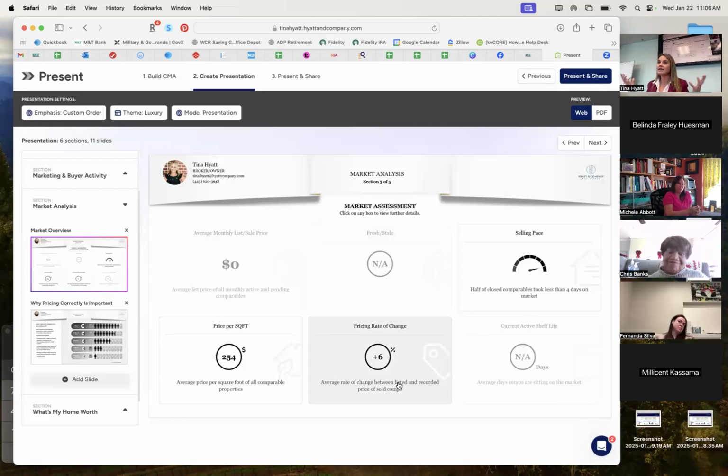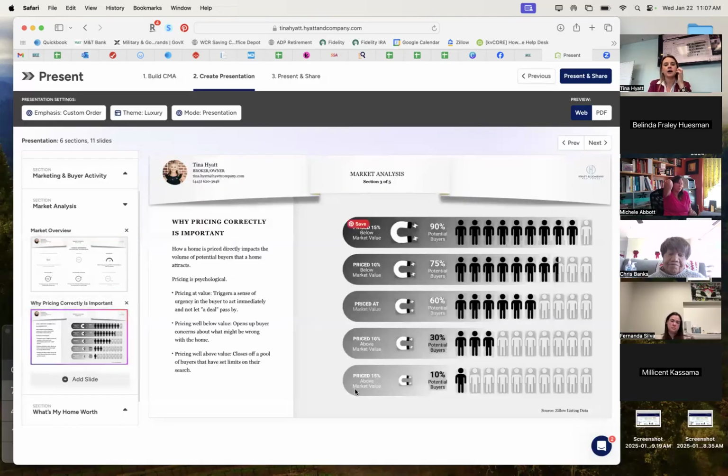That is the reality of being able to get over list price, that we're not making stuff up. We're not selling them a bill of goods, right? This is the reality of it. If I can get you over list price, every percentage over list price I get you reduces the amount of compensation you're paying out of your list price.